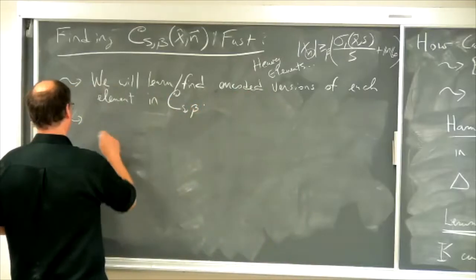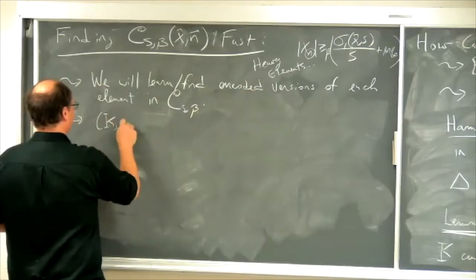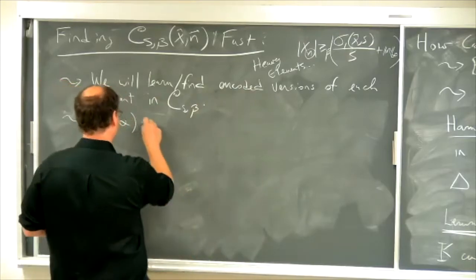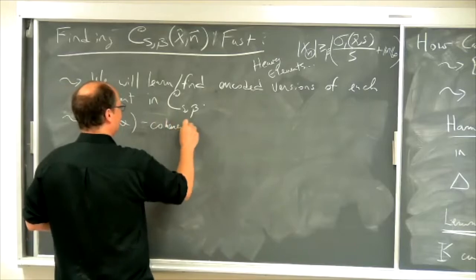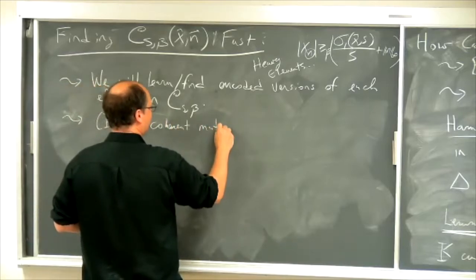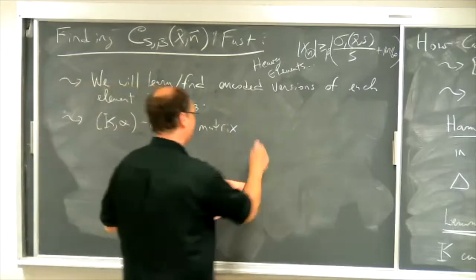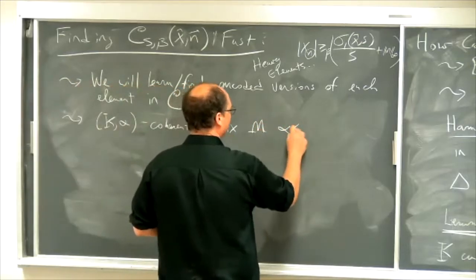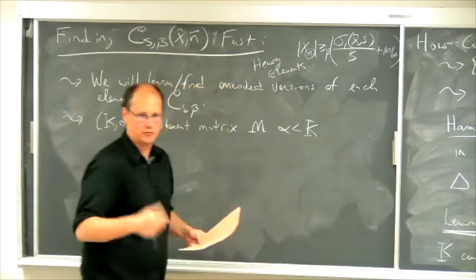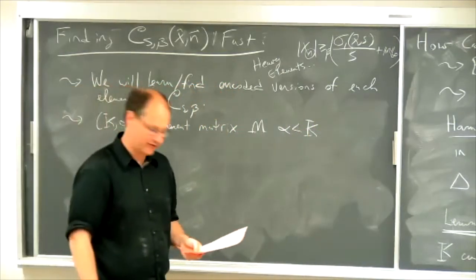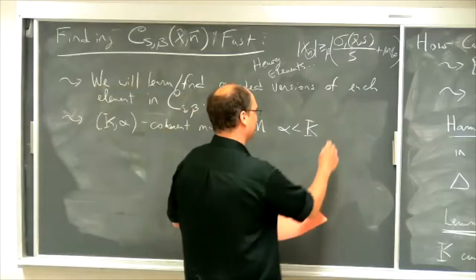So first of all, see why this is going to work. We can notice the following simple fact. So a K alpha coherent matrix M of any value where alpha is less than K, so where the inner product is less than the total number of ones, right, can't have repeated columns.